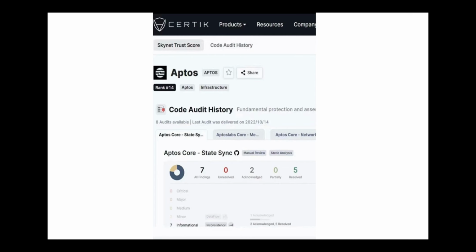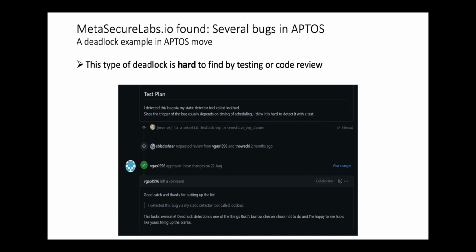Ironically, another company did manual auditing for Aptos, and they identified seven informational issues in their readout. So it's quite different from what we found.